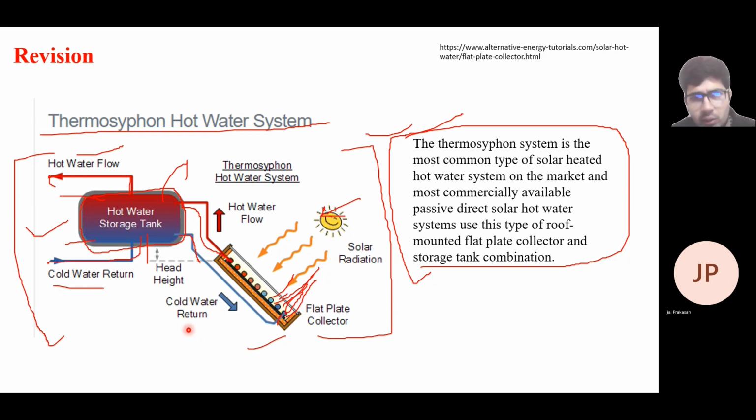Okay, because we are not getting the solar radiation intensity as required. Intensity is there, but we are not able to collect it more efficiently. So we have developed some other systems which can collect or point more radiation at a particular point.